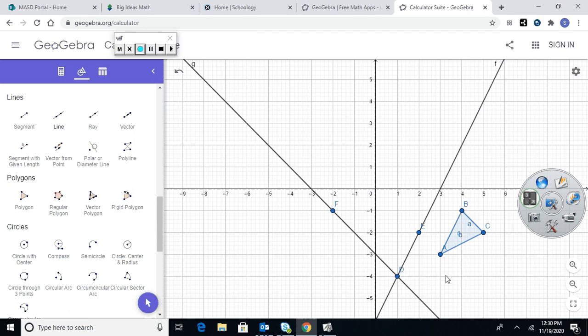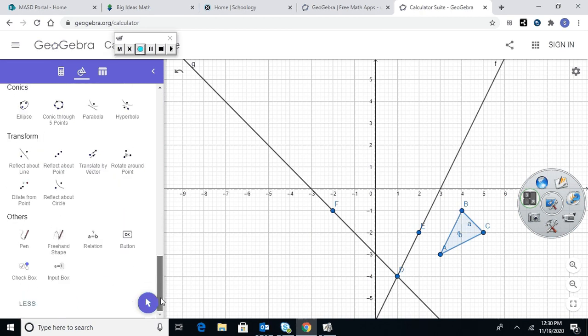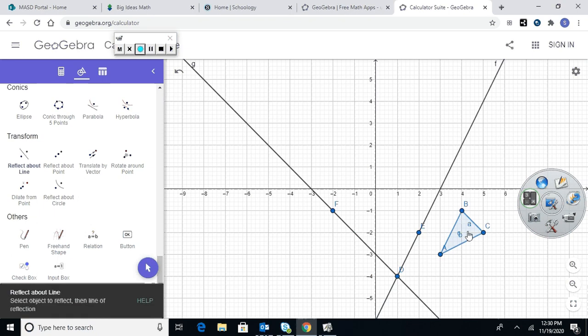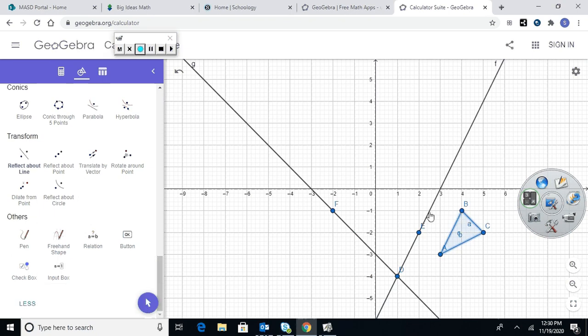So now let's see what happens when we reflect the pre-image across a pair of lines that intersect. So click the image, click the first line, so there's that reflection. And then the second image, look how cool that is. What happens now?